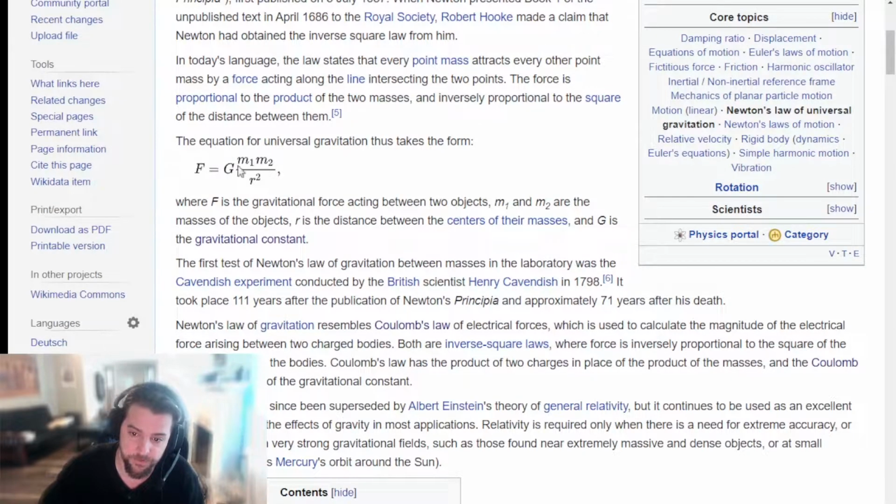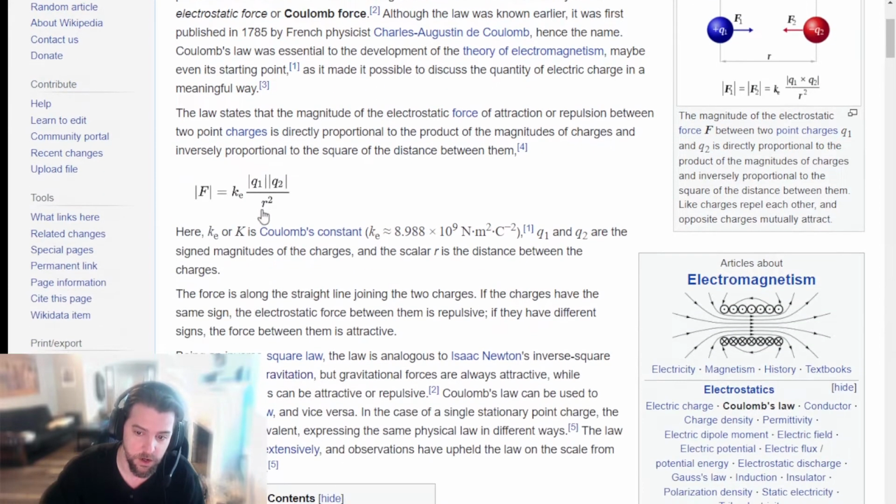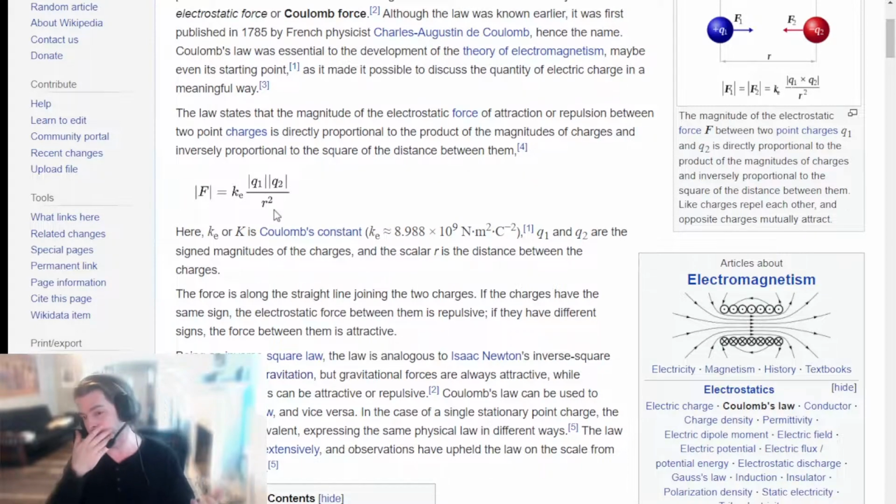Now look at this. Gravitational constant times the mass times mass divided by r squared. We have K, the Coulomb constant, times the strength of the charge of particle 1 and the strength of the charge of particle 2 divided by r squared.